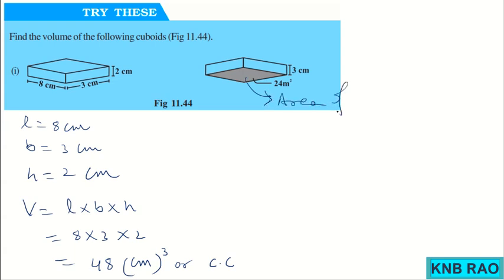Now, coming to the second one, I got the area of the base given. Area of the base is 24 meter square. That means the area of the base I can find as length into breadth.